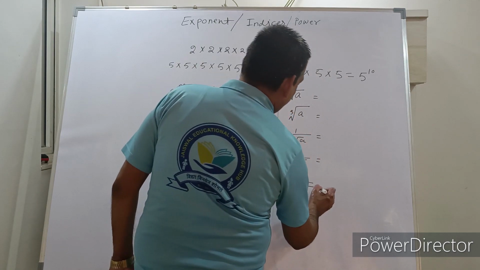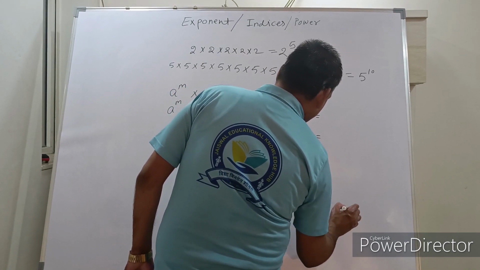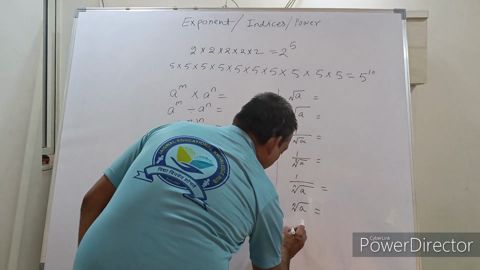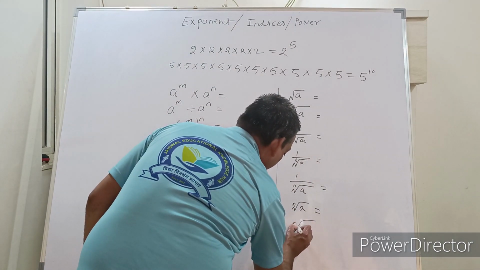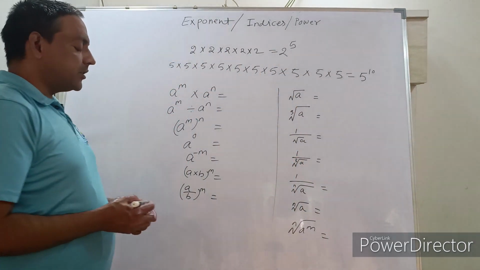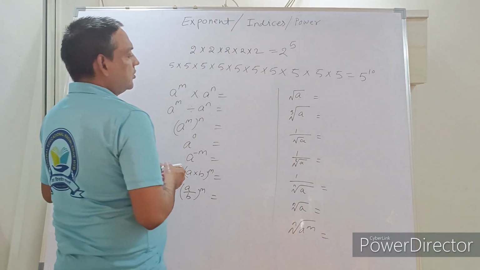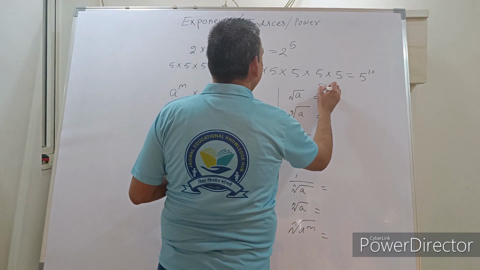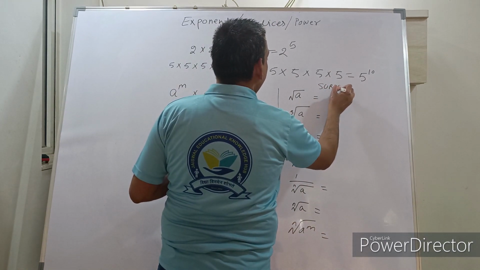Then you can write down here one more, that is nth root of a raised to m. This actually comes in the surd part. This is actually the formula for the surds.